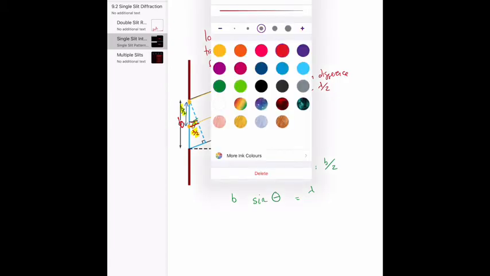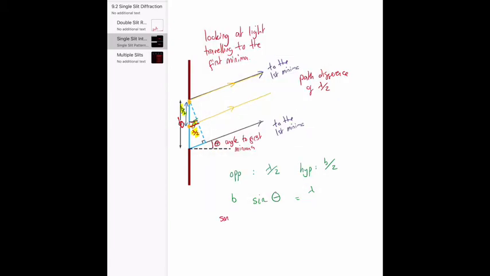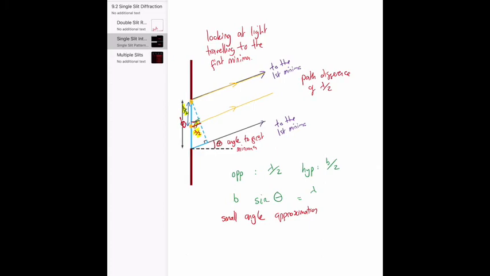Now, from maths, you may have heard of something called the small angle approximation, which basically says, if the angle we're looking at is very small, and in this case, that's going to be the case because our slit width is much, much less than the distance to the screen, we can say that sine theta is approximately equal to theta, the angle in radians.